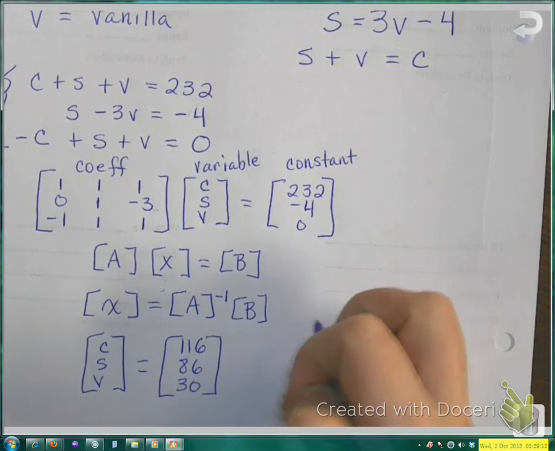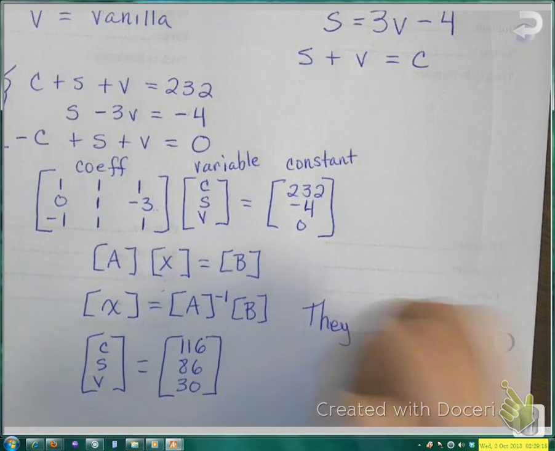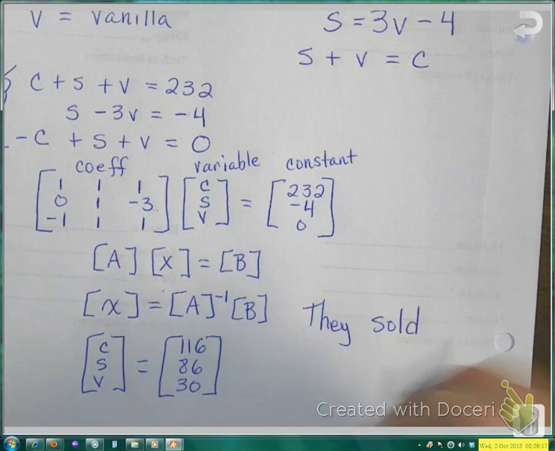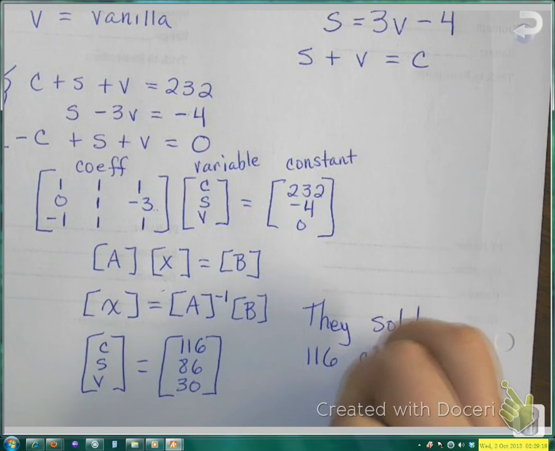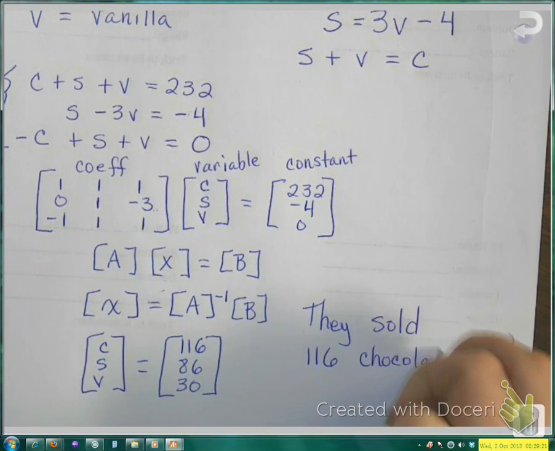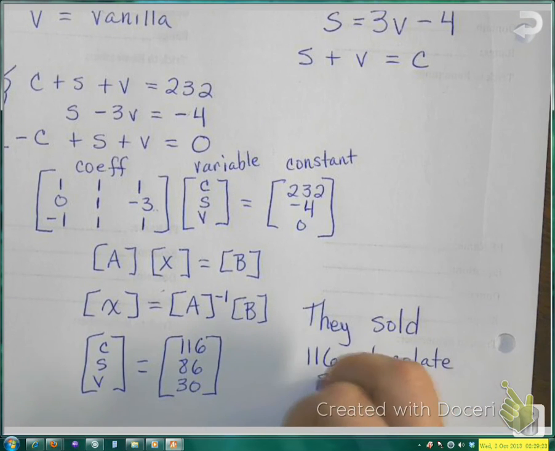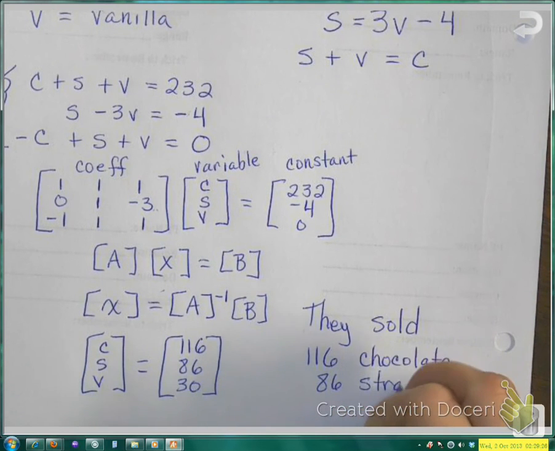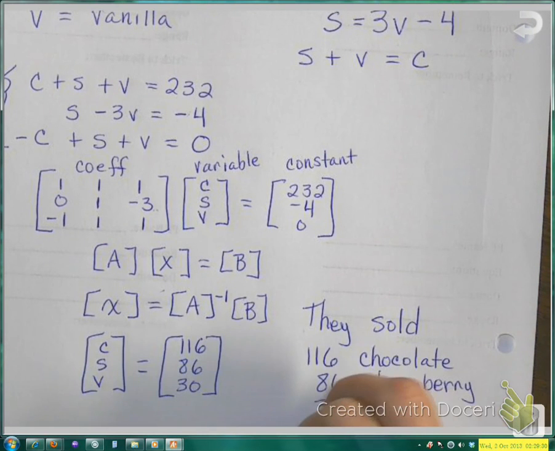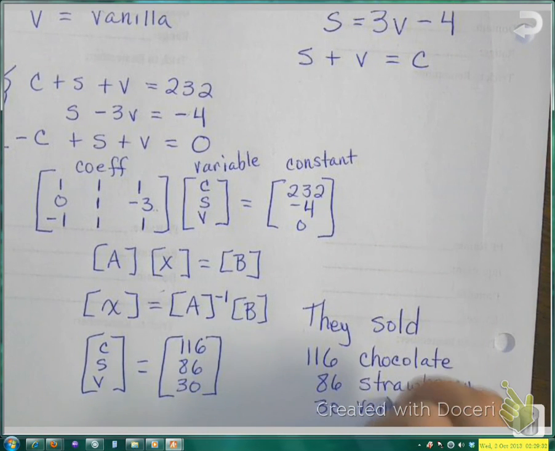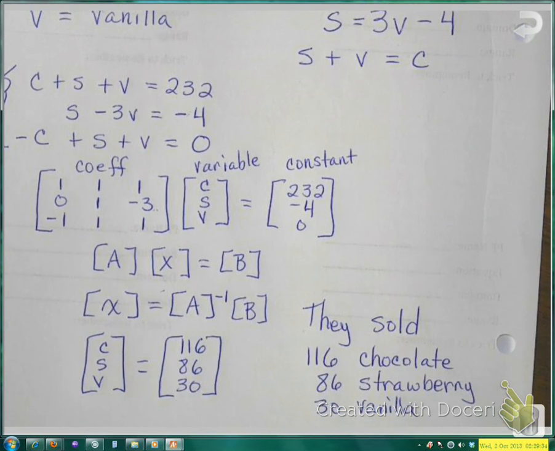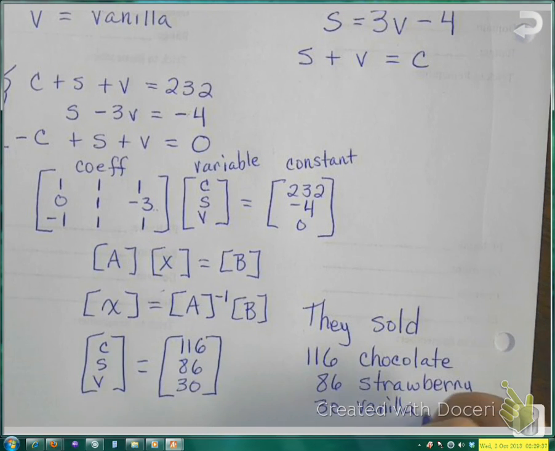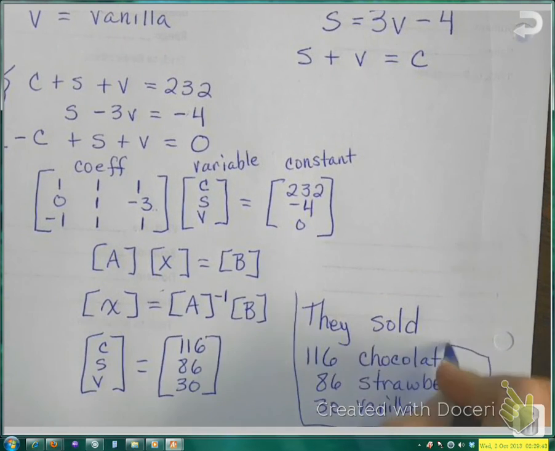So this means they sold 116 chocolate sundaes, 86 strawberry sundaes, and 30 vanilla sundaes. So chocolate's the most popular. Didn't have to do the problem to find that out. And vanilla is the least popular. And that would be our complete answer.